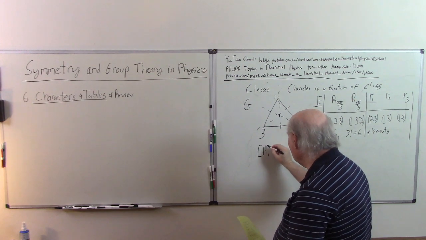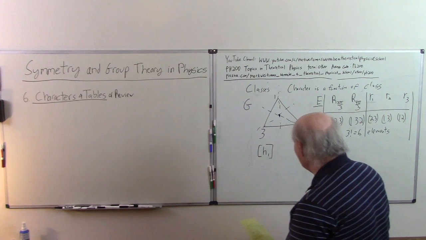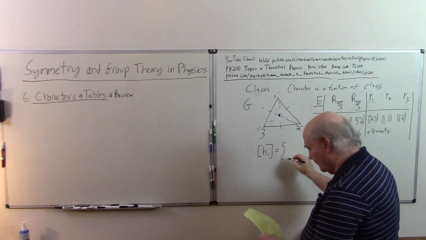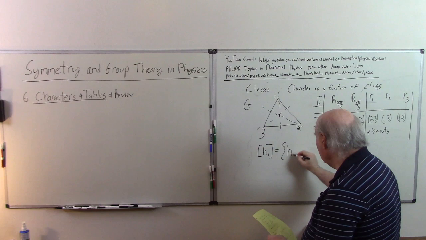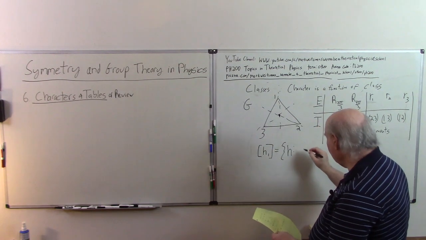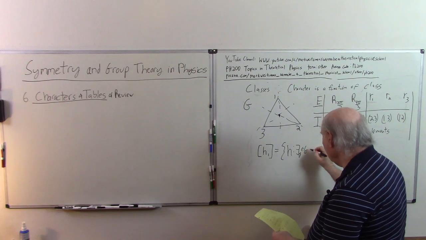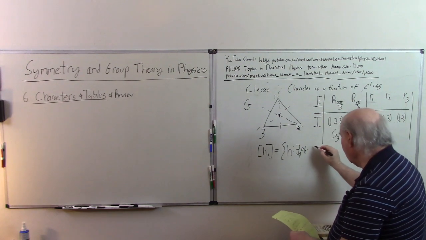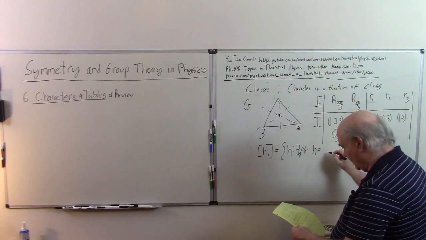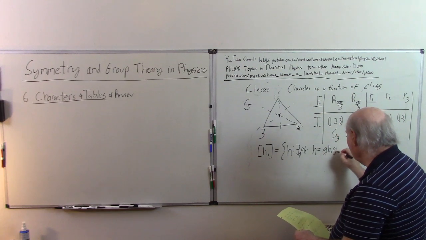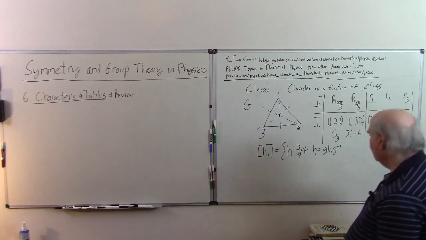If I want to know the class of an element H1, where H1 is in the group, I think of all elements H in the group such that there exists a G and H is equal to G H1 G inverse.